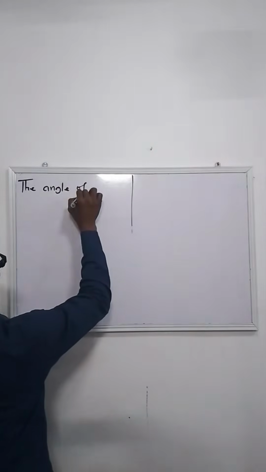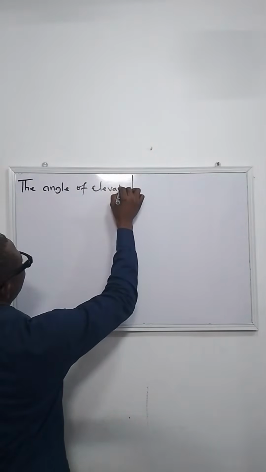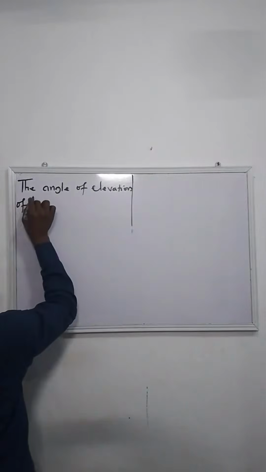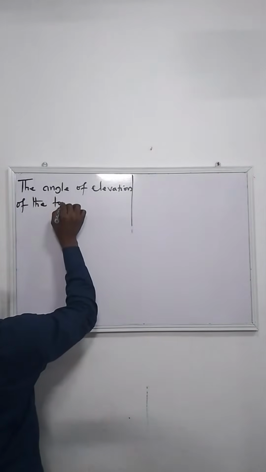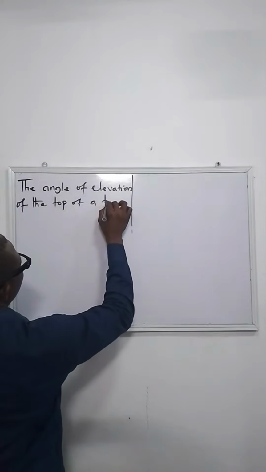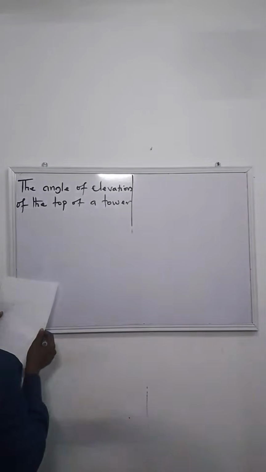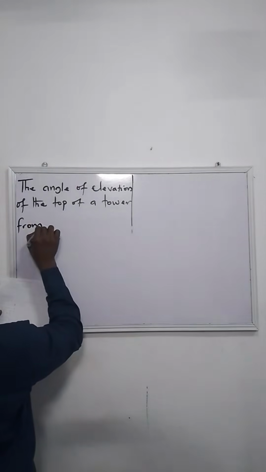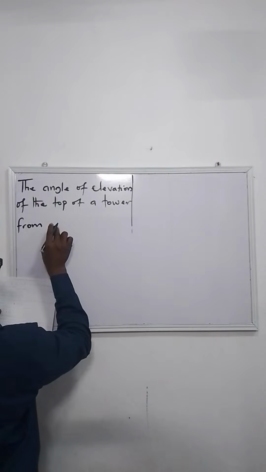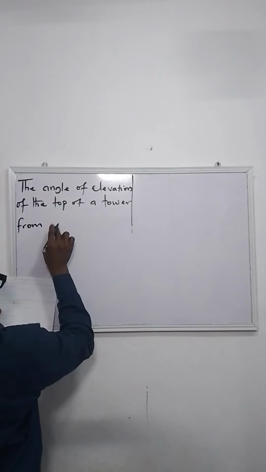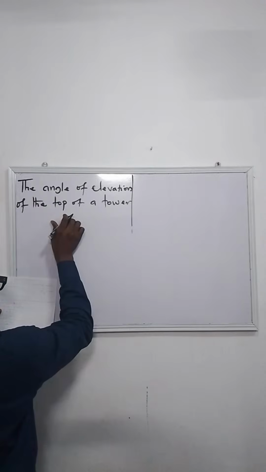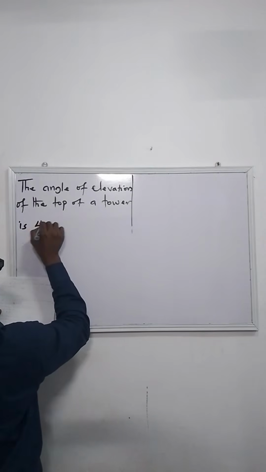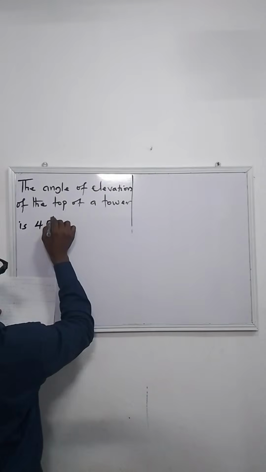The angle of elevation of the top of the tower is 45 degrees.